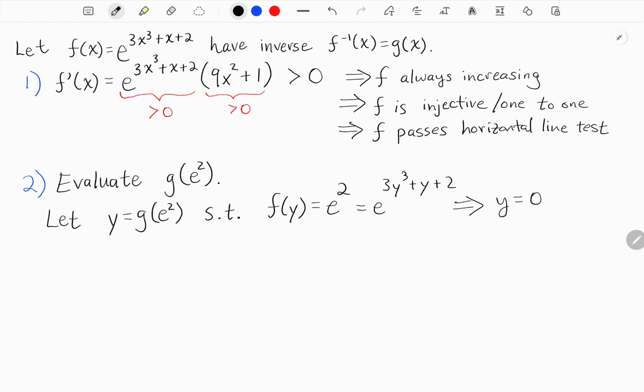Because e to the x is also increasing, it's injective. So the only value you can put into the exponent so that it equals e squared is 2, right?